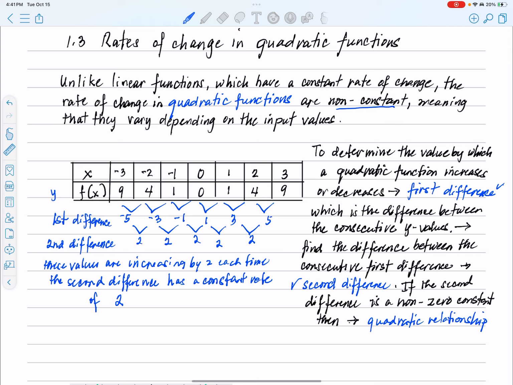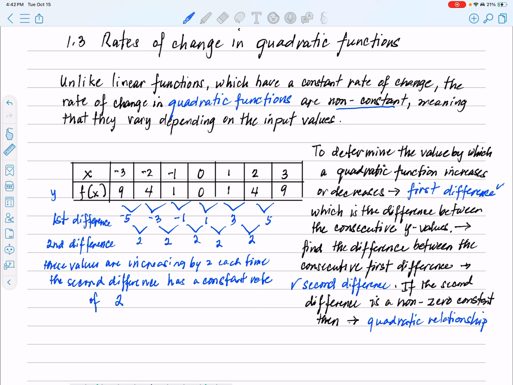In linear, the first time we get the difference, we get the constant rate of change right away. But in a quadratic function, the first difference is non-constant, meaning the values vary depending on the input values. You have to get the second difference in order to get a non-zero constant.